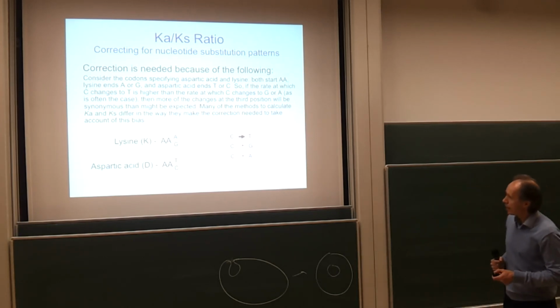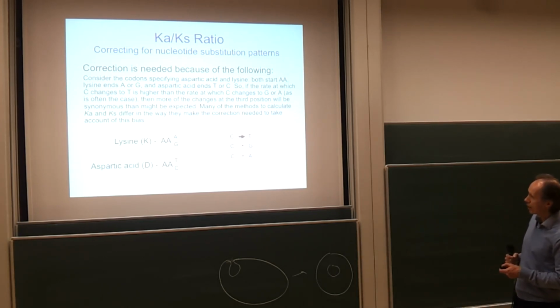For example, if you are a lysine, you can use two codons, AAA or AAG, third position, and for aspartic acid, the single letter D, you are either AAT or AAC. Now, depending on base frequencies of these letters, you have to estimate the chance that a K will go into a D.